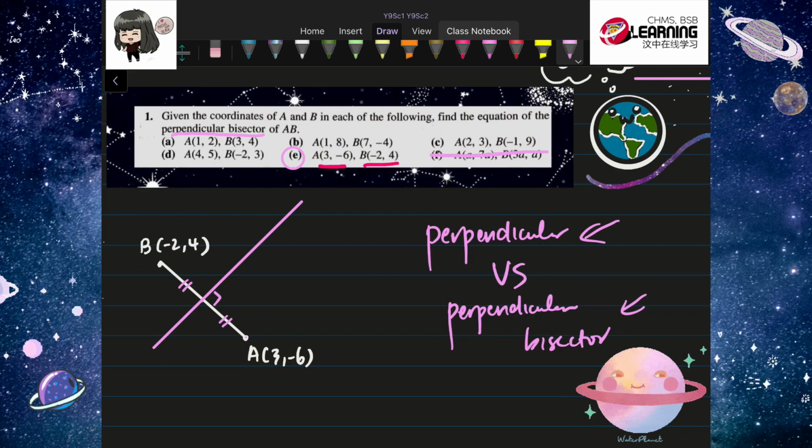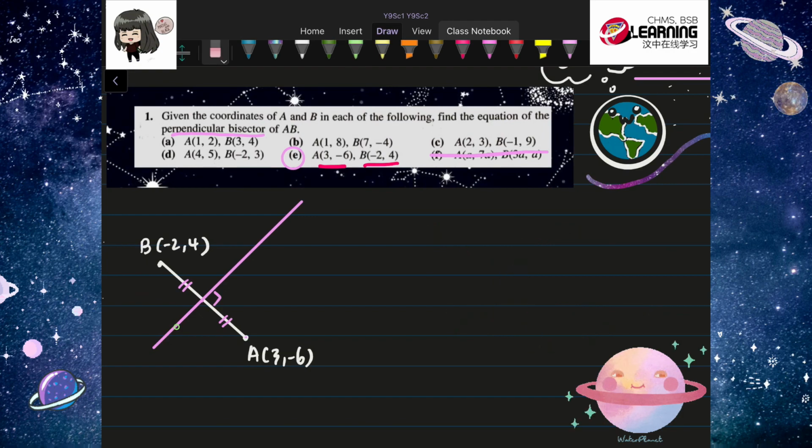Also, an extra information here: any point on the perpendicular bisector, let's say here, will be the same distance from A and from B. So you must understand what perpendicular and perpendicular bisector mean. Perpendicular can be any line, but a bisector is confirmed to cut into half.